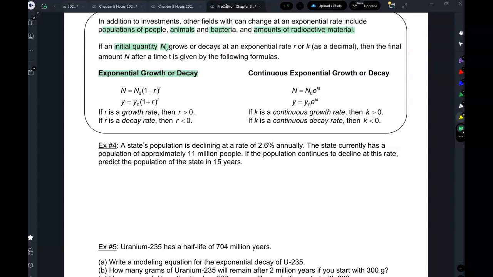Now, if there is continuous exponential growth or decay, then this is the equation, y equals y naught e to the kt. Okay? And in this case, instead of r, we use k. T is time.